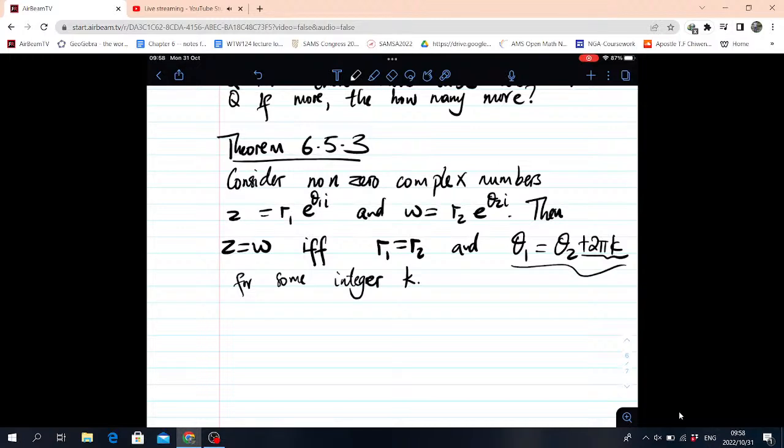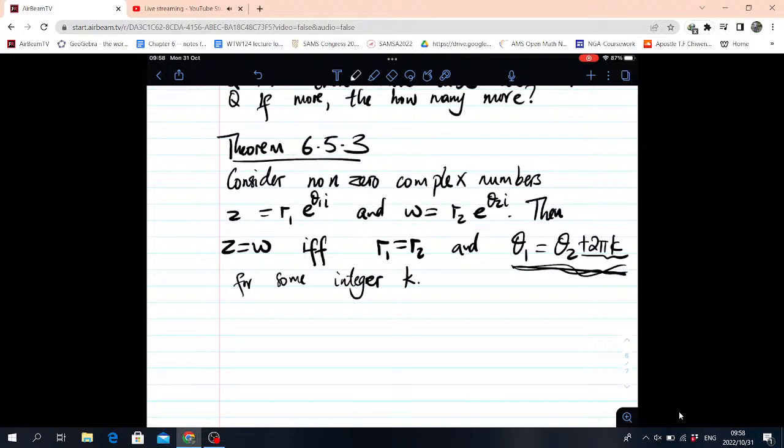So therefore, this tells us that when we say two complex numbers are equal and they're in polar form, their moduli should be the same, but for the angles, you can say theta 1 is equal to theta 2 plus 2 pi k, where k is some integer. So if you add a multiple of 2 pi, then you still have the same angle, right?